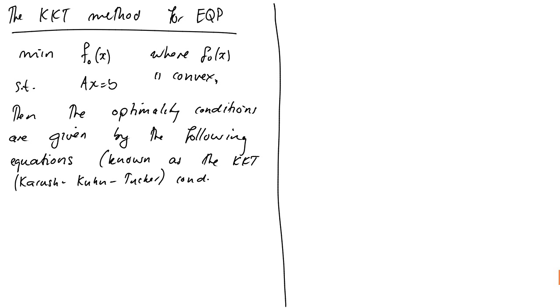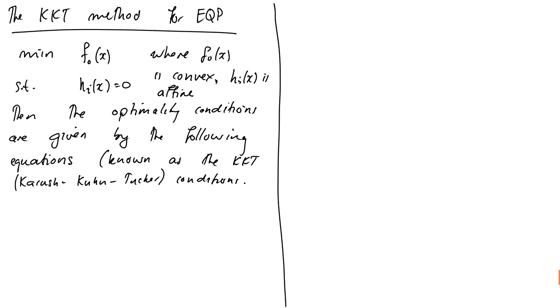Okay, so we've got a convex objective, and hi of x equals 0, f naught of x is convex, hi of x is affine.